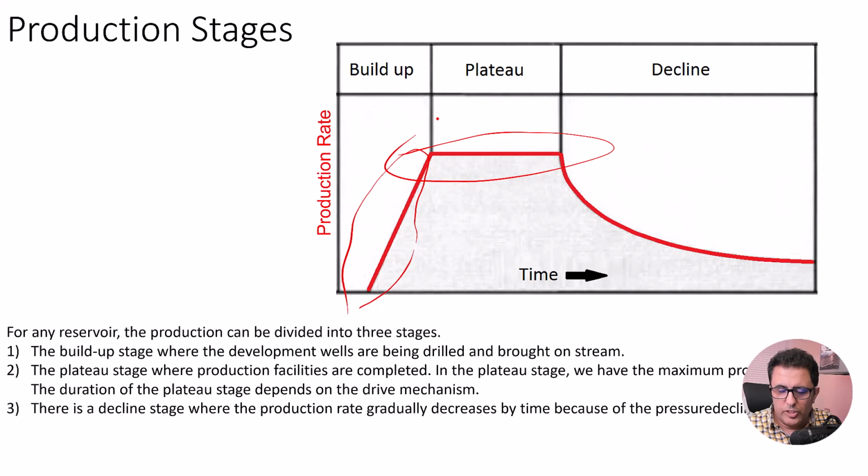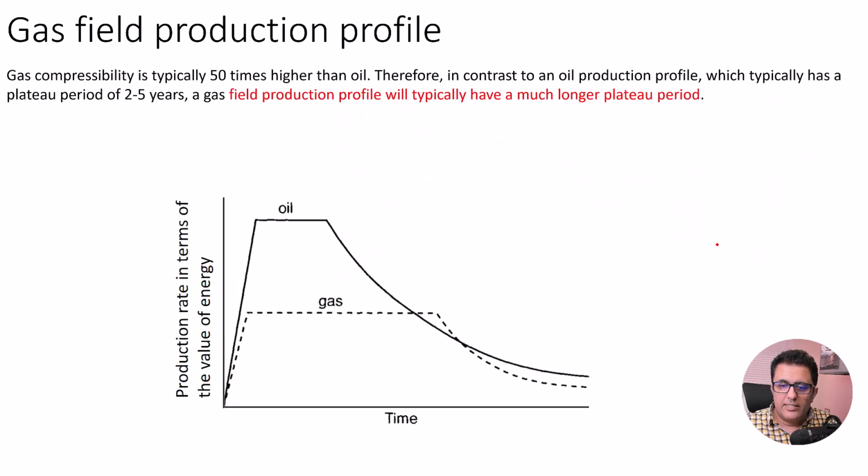And after a period of time, because of the pressure drop in the reservoir and other factors, we see a decline in the hydrocarbon production. So it doesn't matter if we deal with a gas reservoir or an oil reservoir, we always have these three production stages.